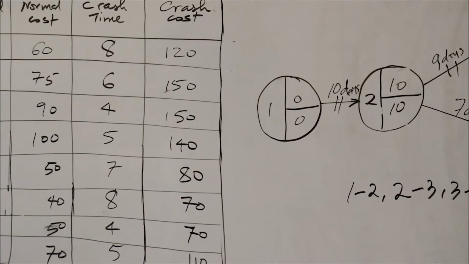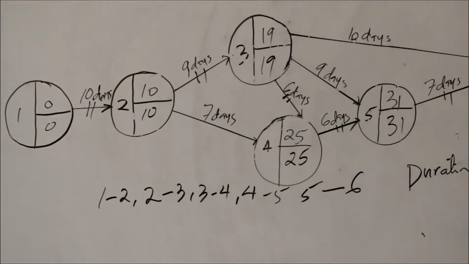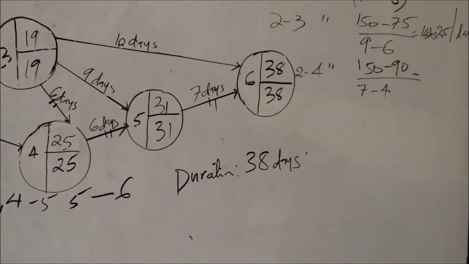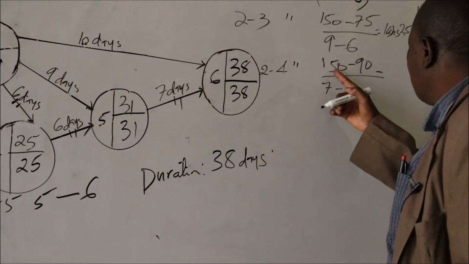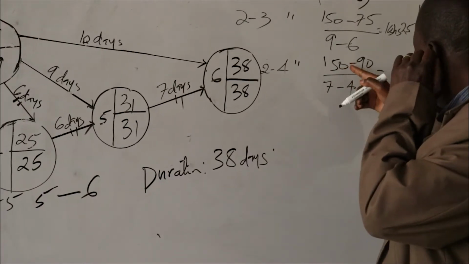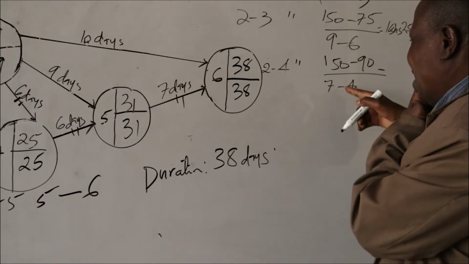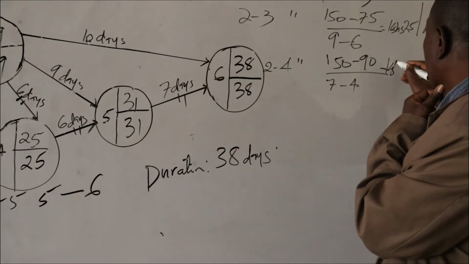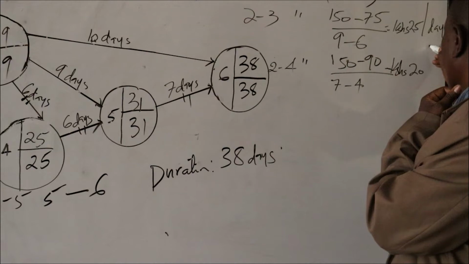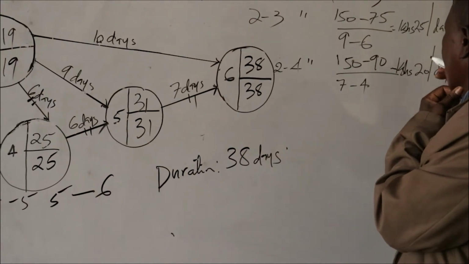That gives us 60. 60 divided by 3, that is Kenya shillings 20 per day.